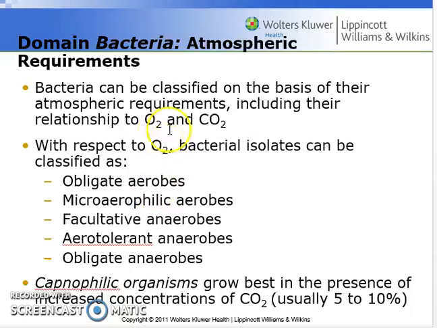Oxygen and carbon dioxide are two important factors used to help us classify bacteria. Bacterial organisms that rely on oxygen include obligate aerobes, which are bacteria that have to have oxygen to breathe or cell respirate. Microaerophilic aerobes need just a little bit of oxygen present.